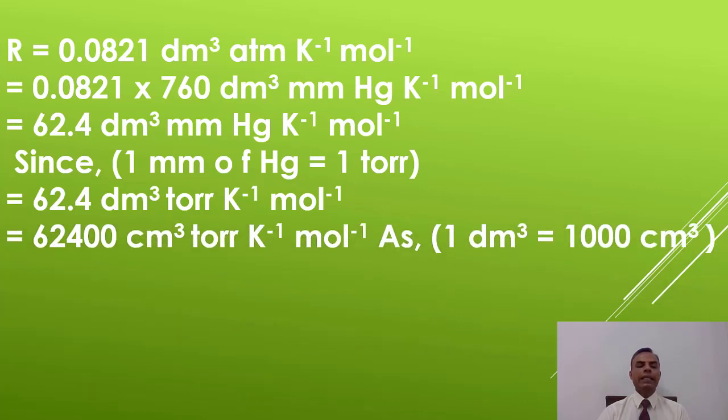Here 1 decimeter cube is equal to 1000 centimeter cube, so the value of R becomes equal to 62400 centimeter cube torr per Kelvin per mole.